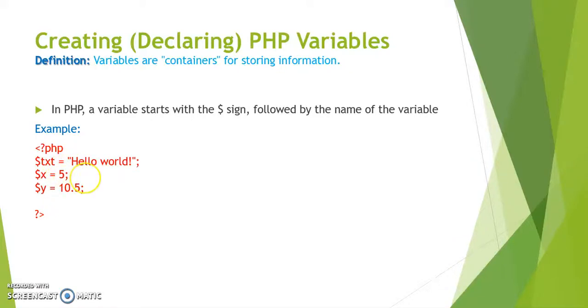That is one very interesting thing about PHP. PHP has no room for declaring data types. Once you assign your value to the variable, PHP automatically assigns the data type according to the type of value you provide.